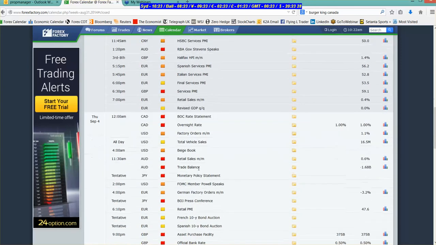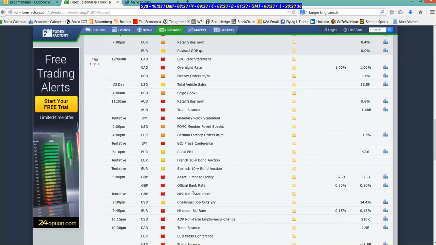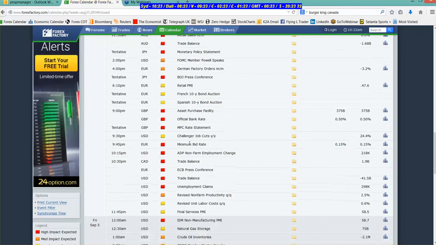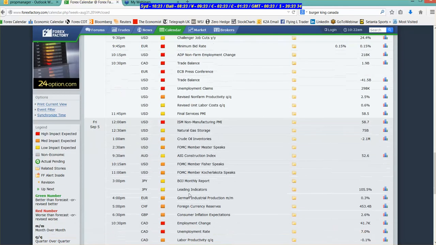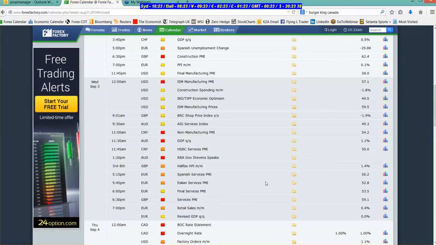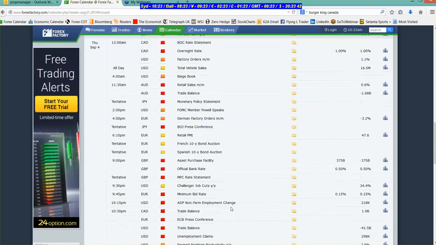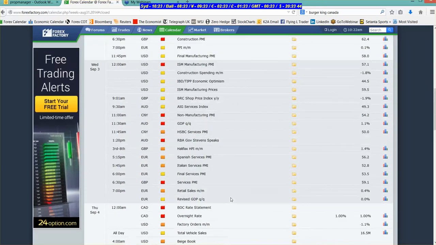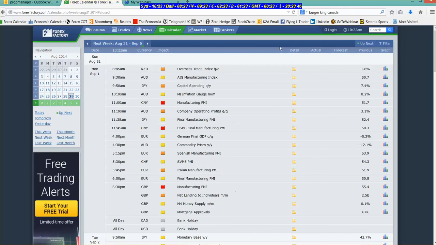Canadian central bank meets, UK central bank meets, European central bank meets, and then you've got non-farm payrolls. So a big week for central banks, being Aussie, Canada, UK, and Europe. Maybe all those movements will complete the phase 2s for us.